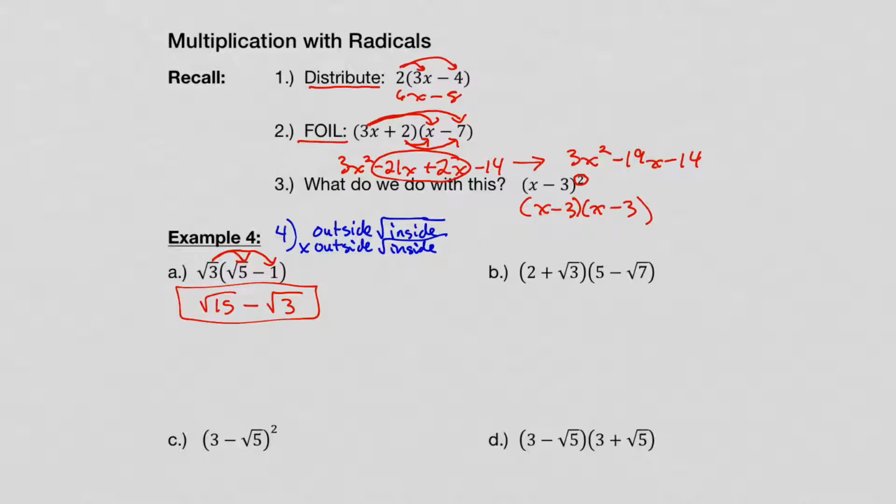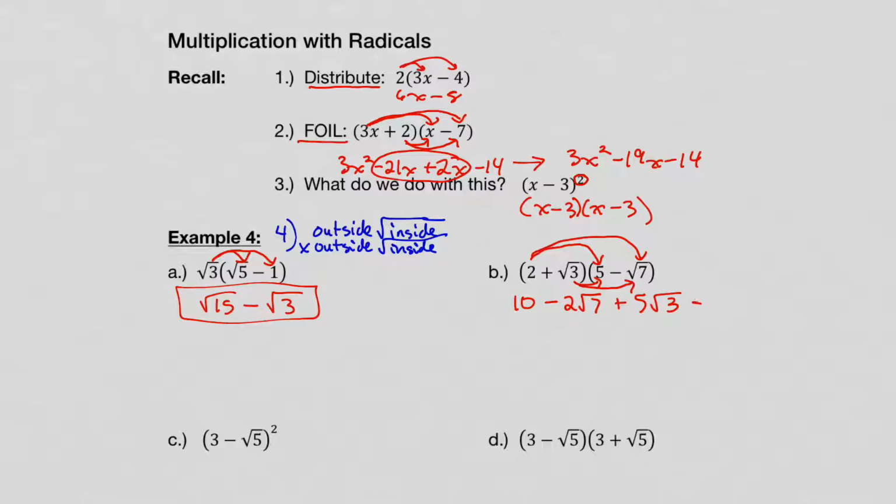Okay, let's do the two binomials over here with FOIL. So these two right here are two outside numbers. That's going to be 10. These two right here, the 2 is an outside number and the 7 is an inside number. So I can't multiply those two. So I'm going to get 2 radical 7. And then the inner, same thing, outside and inside. Keep those separate. And then the last product, or the L of FOIL, is there are two inside terms.